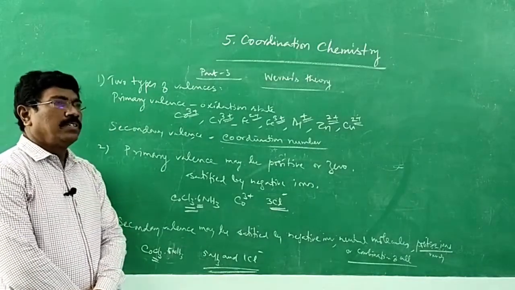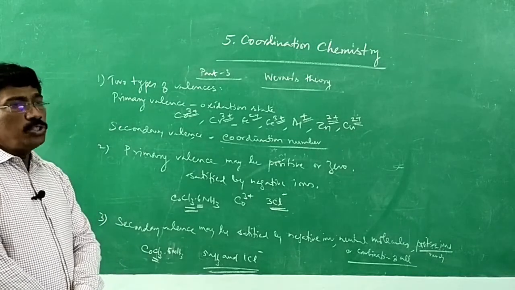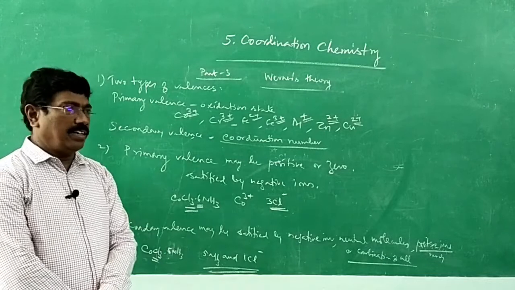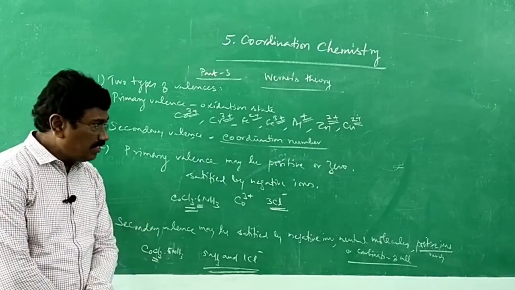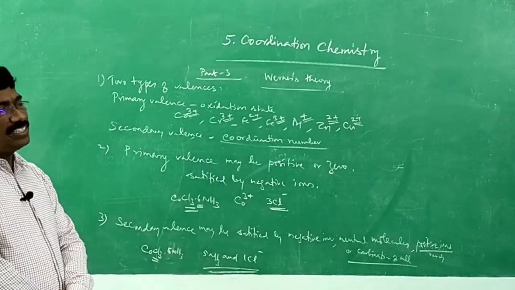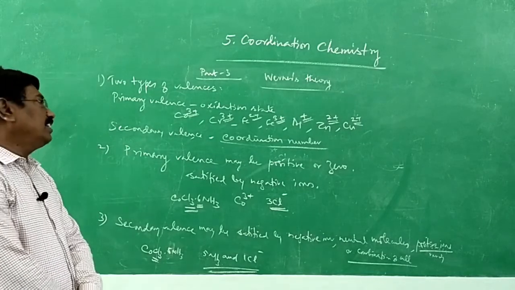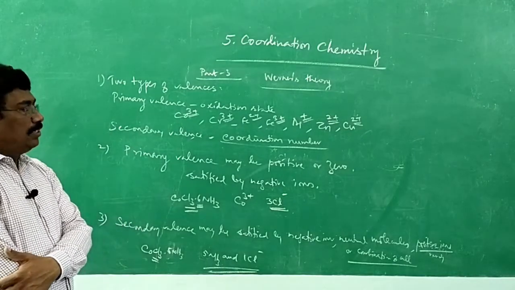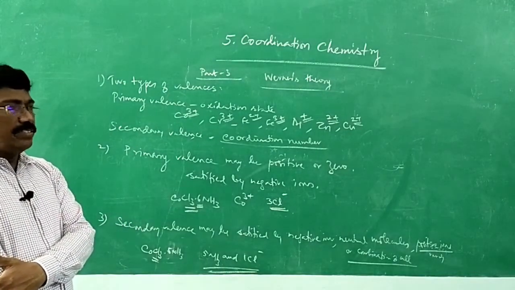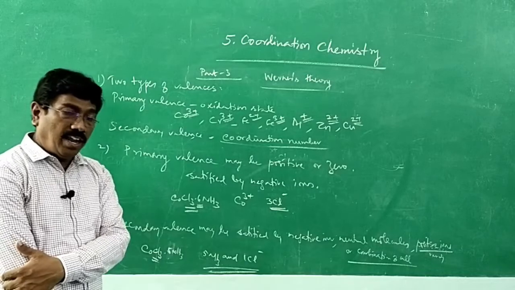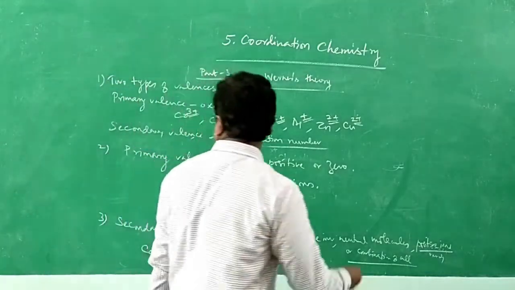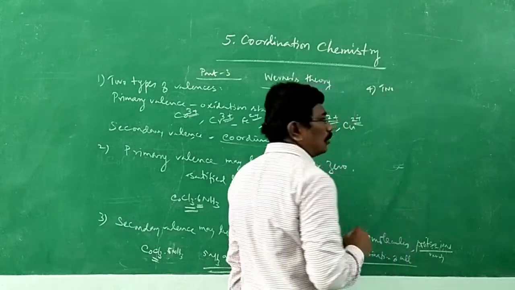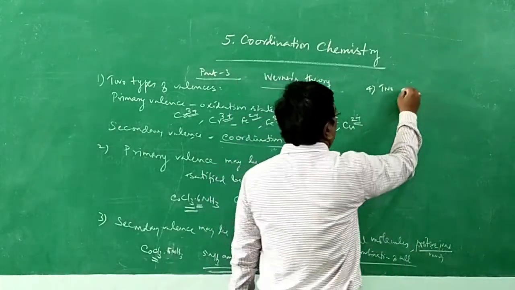Alright. Then there are 2 spheres of attraction around a metal ion. Usually we say metal ion, very rarely some other element.